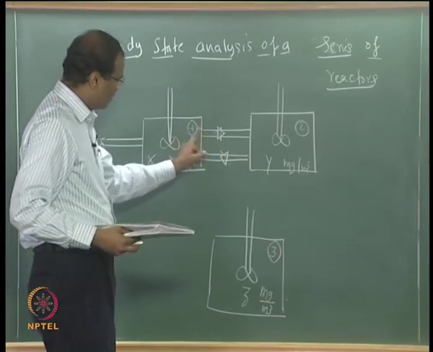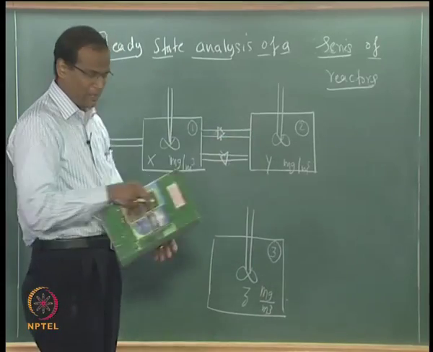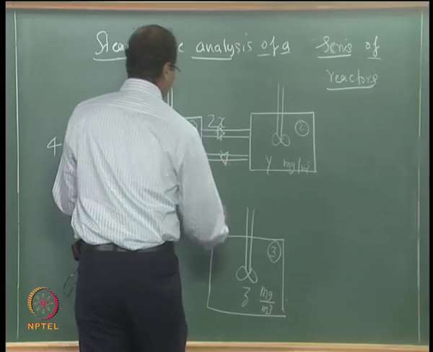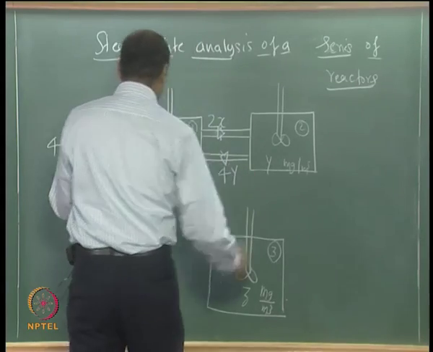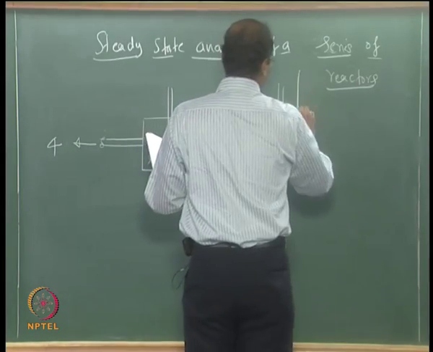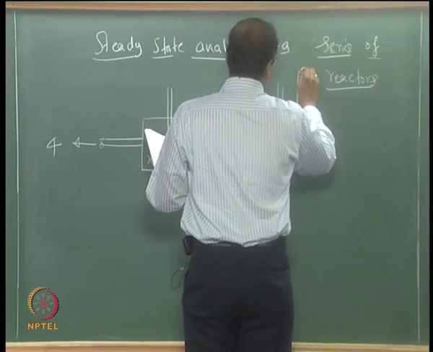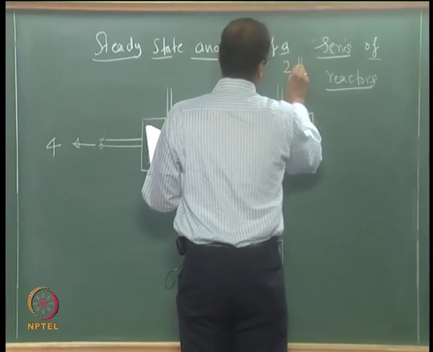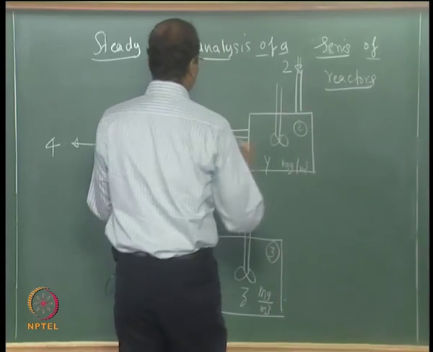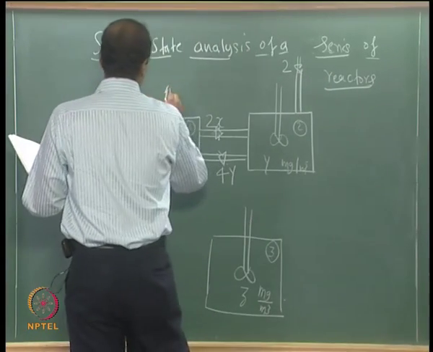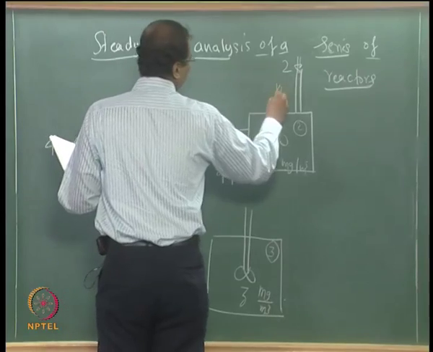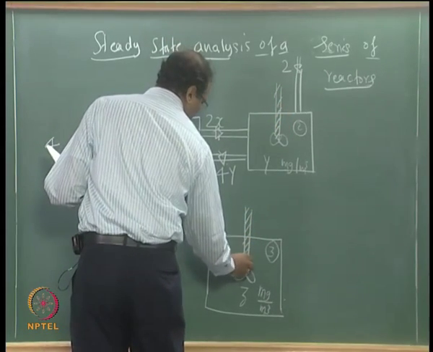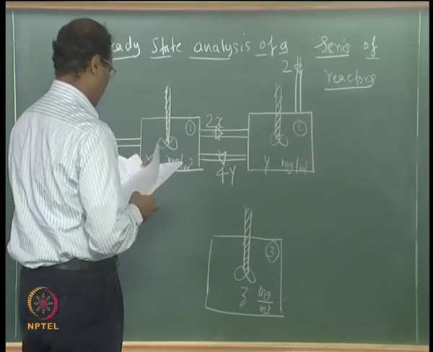When it is going from here, concentration will be x, when it is coming, it will be y. I am saying that 2x is going from here, 4y, so 2 units are coming from there. I will just hash this so that you do not get confused.